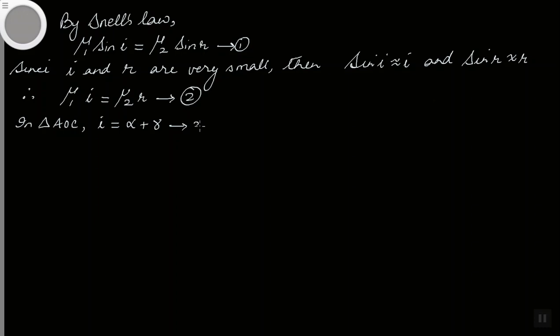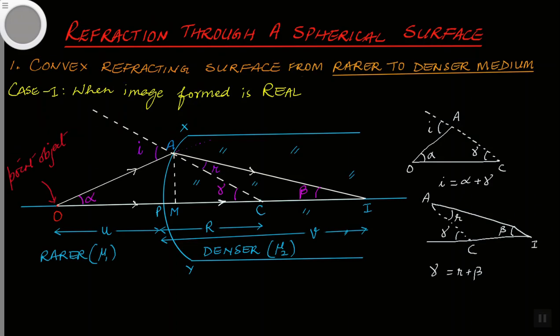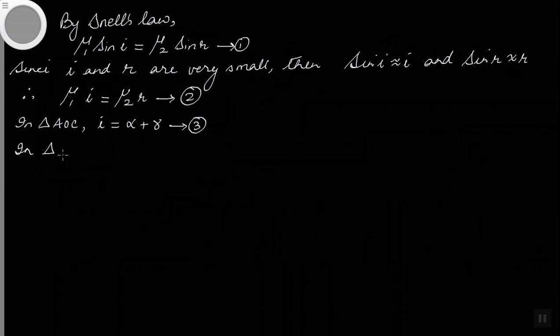Let's call this equation 3. And in triangle AIC, gamma is equal to R plus beta. So R will be gamma minus beta. Call this equation 4.